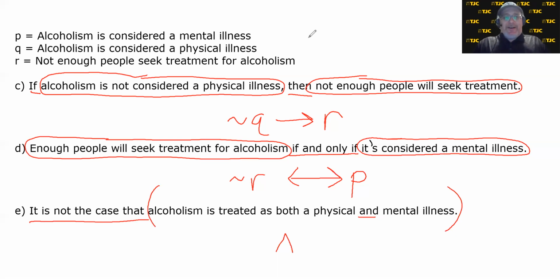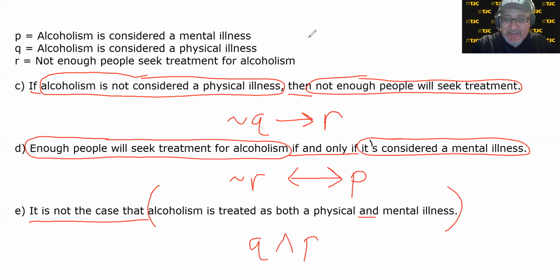Look inside the parentheses. Alcoholism is treated as both a physical and mental illness. That would be easy to translate if you unpackage both halves of the entire statement: alcoholism is treated as a physical illness and alcoholism is treated as a mental illness. So the part inside of the parentheses is simply Q and P.